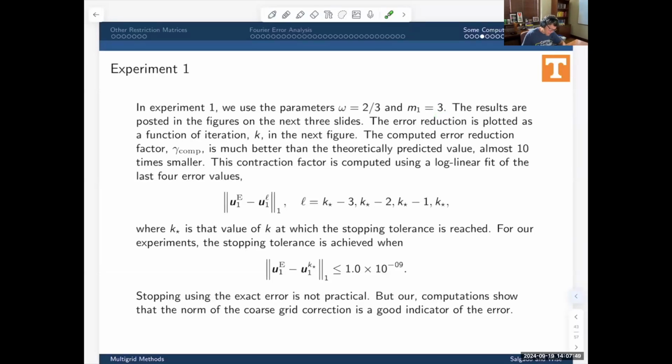Then what we're going to measure, as we go through computations, is the difference between the true solution, because we actually have the true solution, we can compute the exact error, as L gets larger and larger.